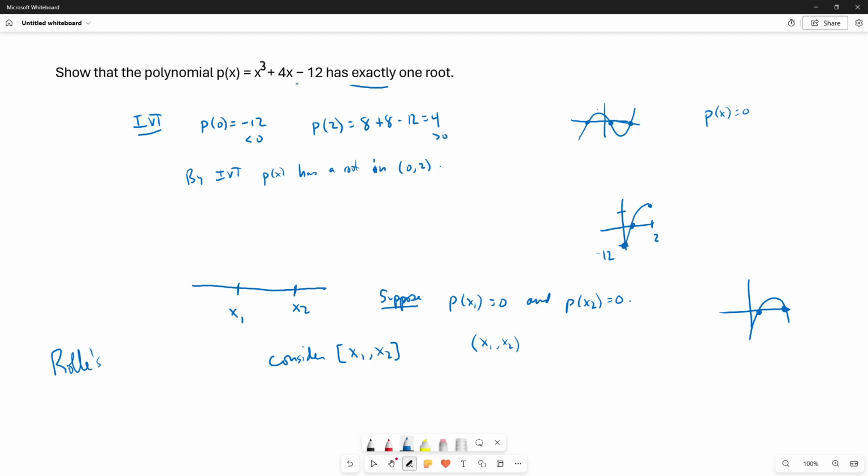That's Rolle's theorem. And our polynomial is continuous. So p of x is continuous. It's a polynomial. It's continuous on minus infinity to infinity. So in particular, it's continuous on the closed interval from x1 to x2. And the derivative of a polynomial is another polynomial, which is defined everywhere.